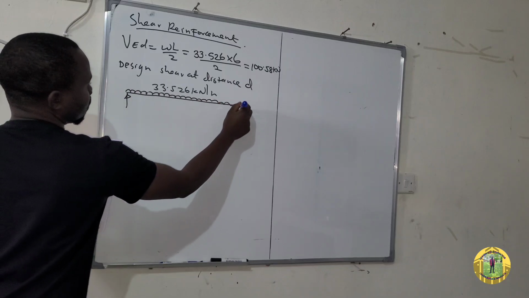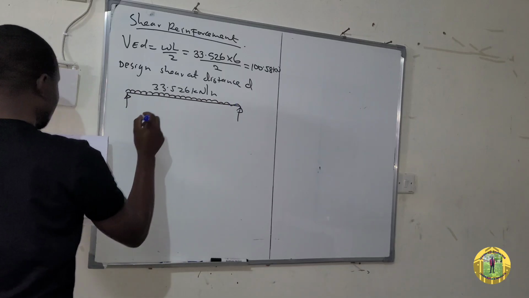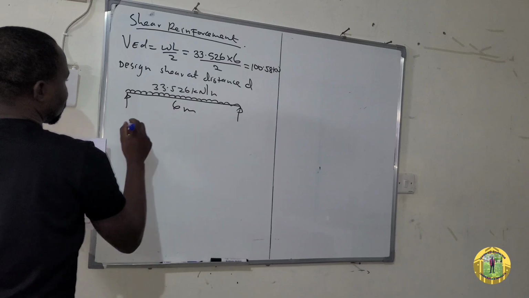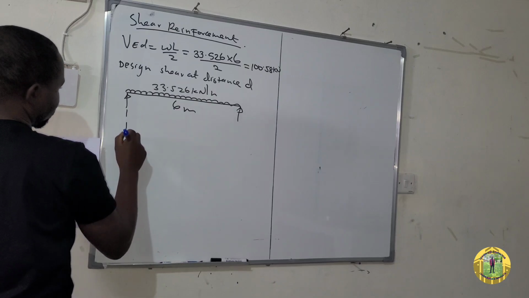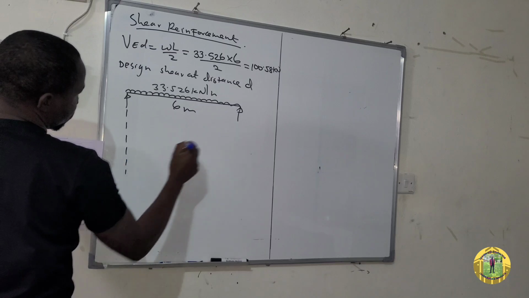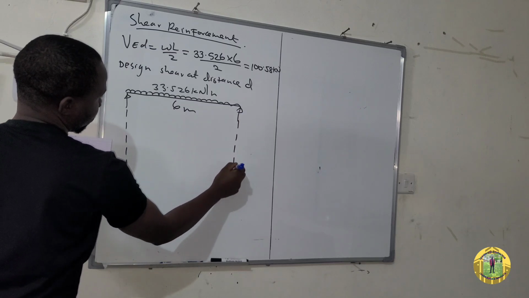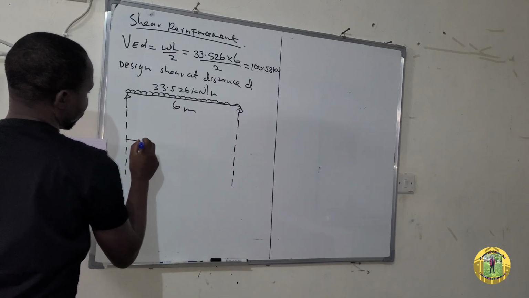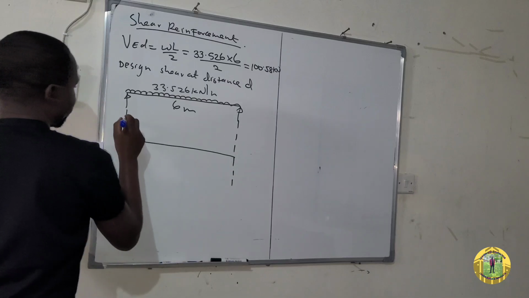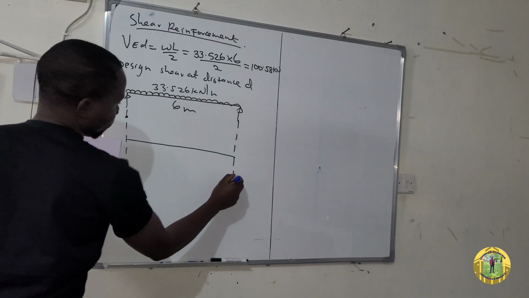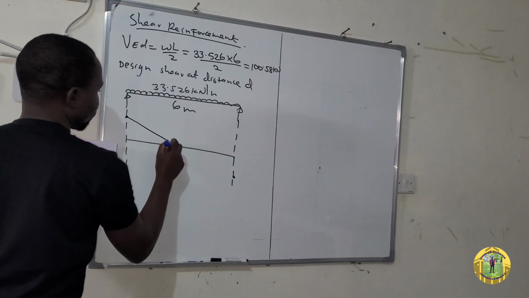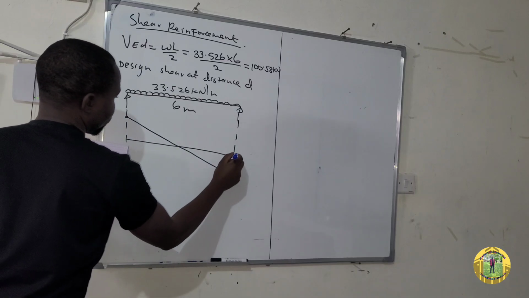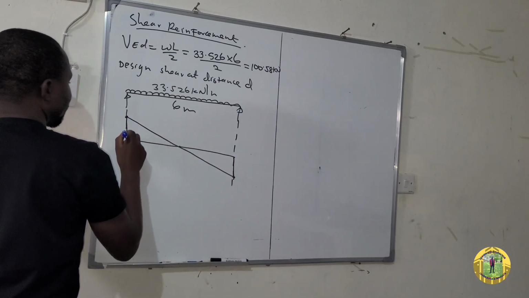Remember, it is a simply supported beam spanning 6 meters. So if we can draw the shear force diagram, so this is the shear force diagram.